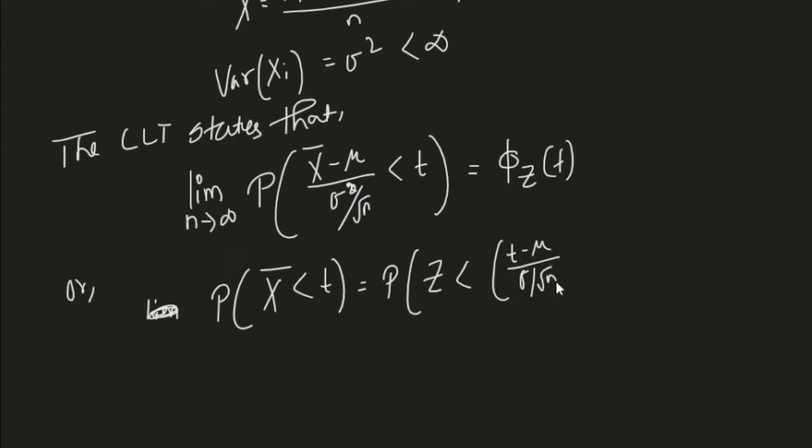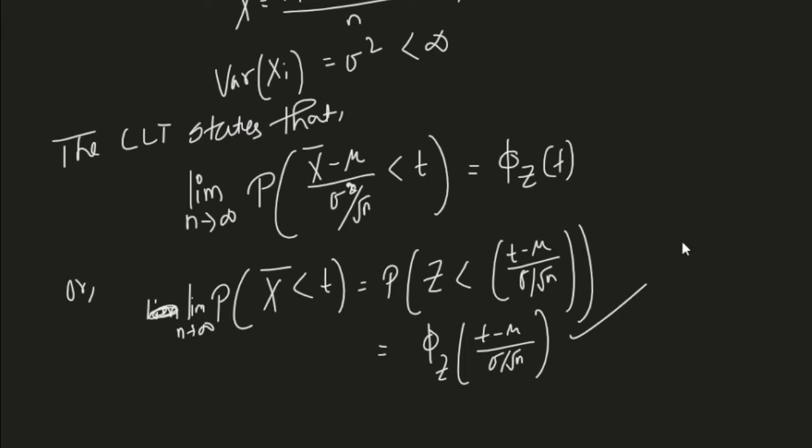Sigma by root n. Right, and this only happens when you have limit n tends to infinity. So it basically becomes phi z of t minus mu by sigma by root n. So this is how the CLT works.